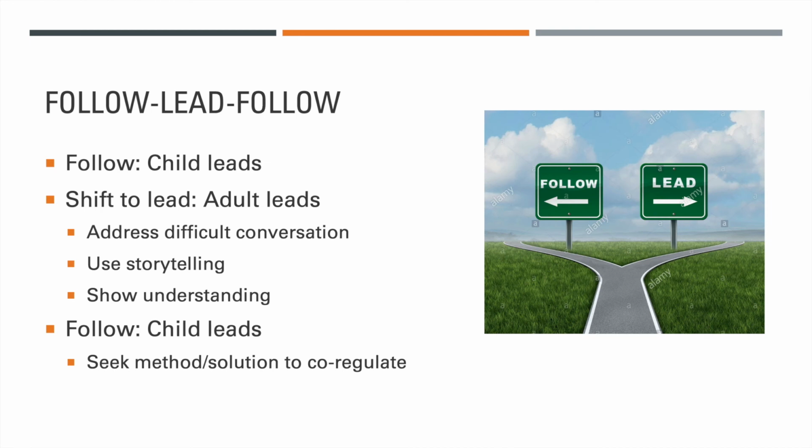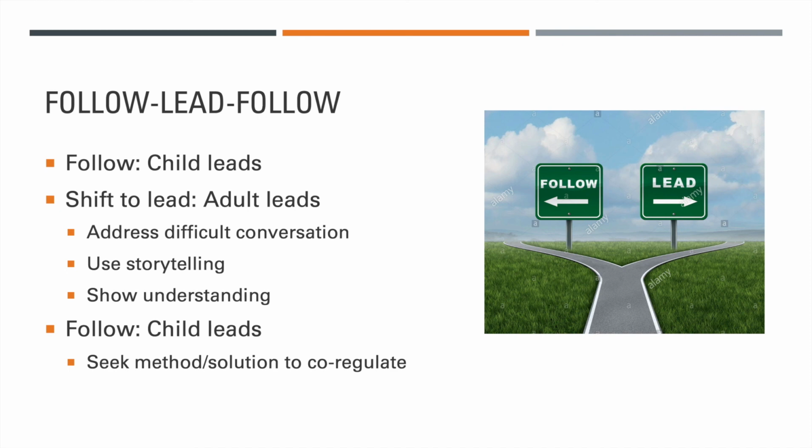Follow, lead, follow dialogue. This is one in which you want to let the child lead first. Let them guide the first topic of conversation, whichever that might be. Then you want to shift from their topic to a difficult conversation that needs to be had, like you need to return to your work now, or you need to join the class.